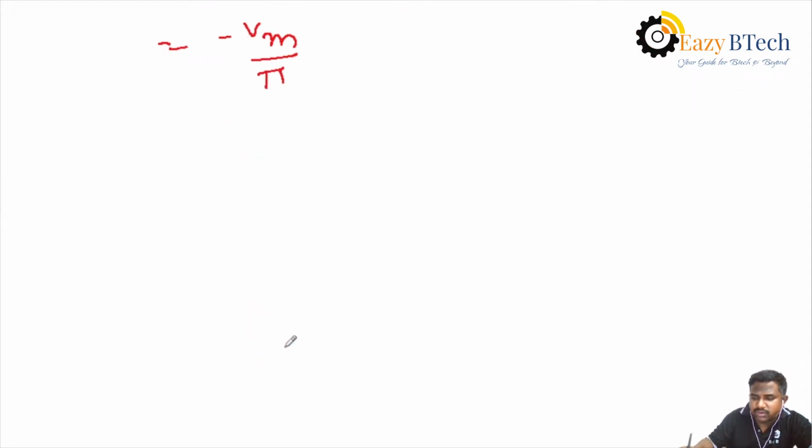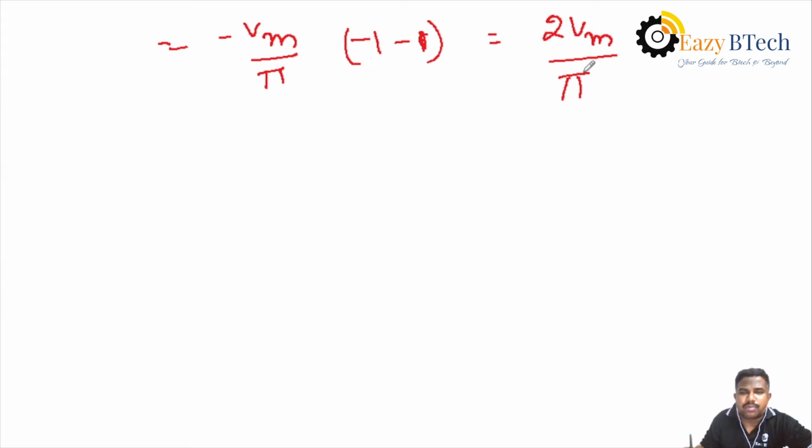We know the value of cos pi is minus 1, and cos 0 is 1. So minus 1 minus 1 is minus 2, and the minus signs cancel. Then the average value of the sine waveform is 2 Vm by pi. This is the formula for the average value of a sinusoidal waveform: 2 Vm by pi.